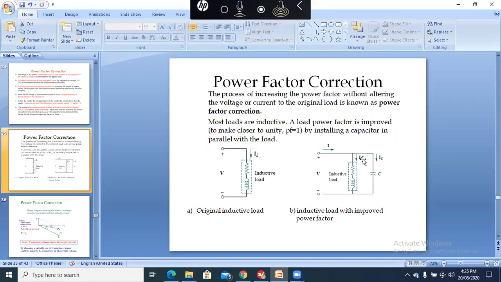Unity is the ideal case, where the load is purely consuming the actual power, and there is no apparent power, there is no reactive power of the network. In fact, we cannot maintain it up to unity, but we'll try to keep it closer to unity, say 0.8.